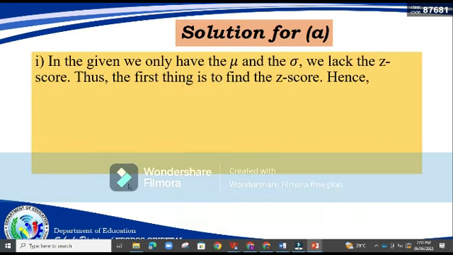Let's start. In the given, we only have the mean and the standard deviation. We lack the z-score. Thus, the first thing is to find the z-score.